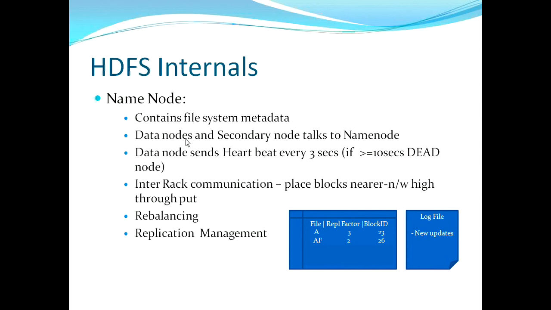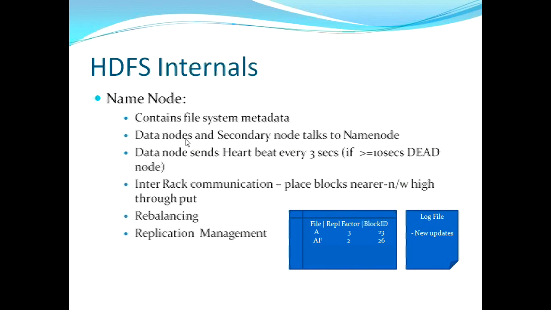Now, the name node. The name node is a master which contains the file system metadata. It doesn't really store the data, it stores the metadata of the data, and it helps in distributing data across multiple nodes and retrieving it whenever the client needs. Data nodes and secondary nodes always talk to the name node: what do you want, where, what are the slots, what data do you want me to grab.